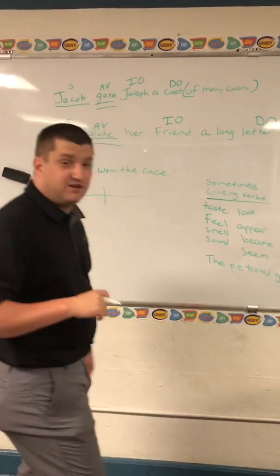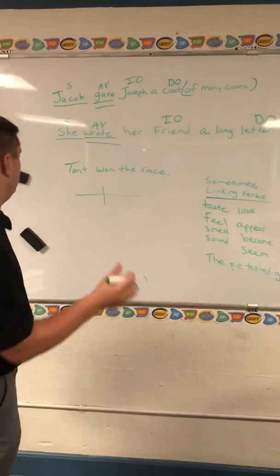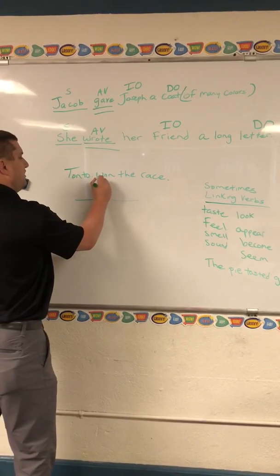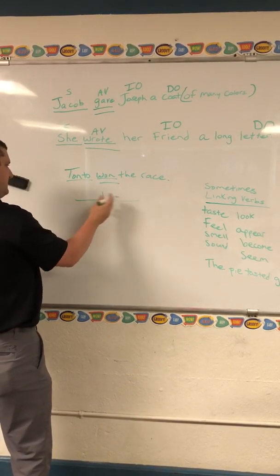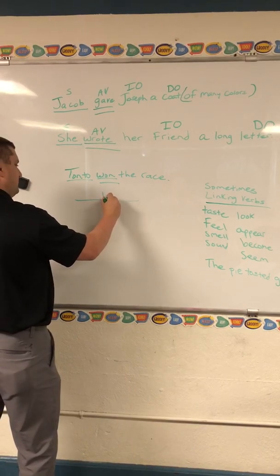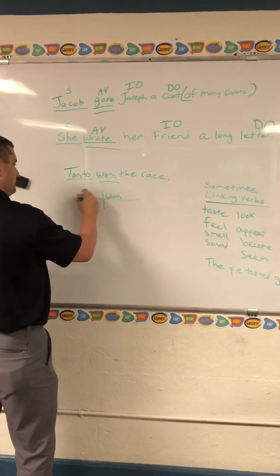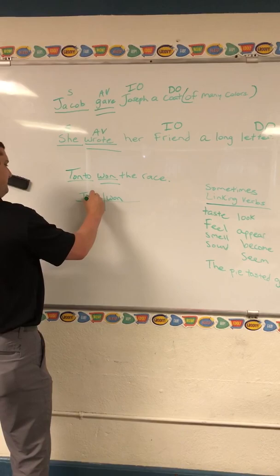Okay, start off like we always have before. Underline the subject once and the verb twice. Remember, the verb goes on the right side of the line, and the subject is on the left side.